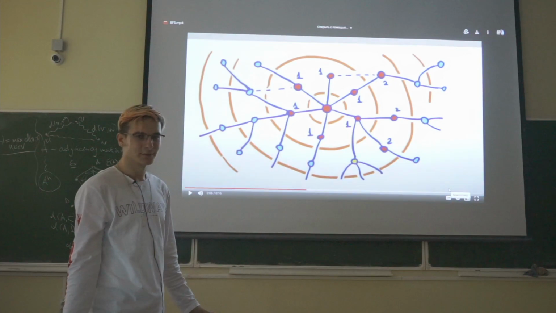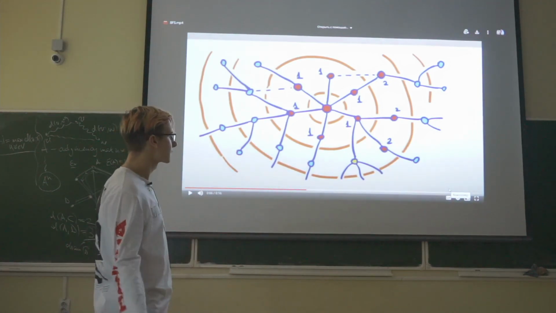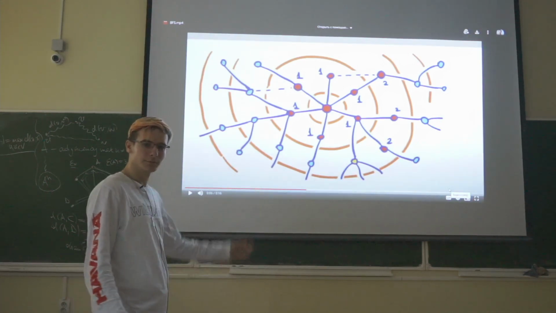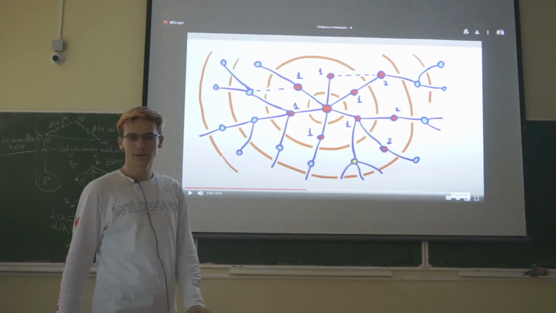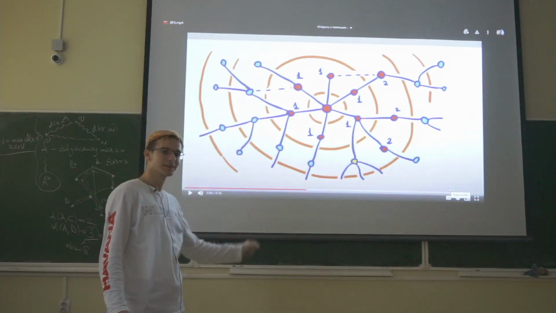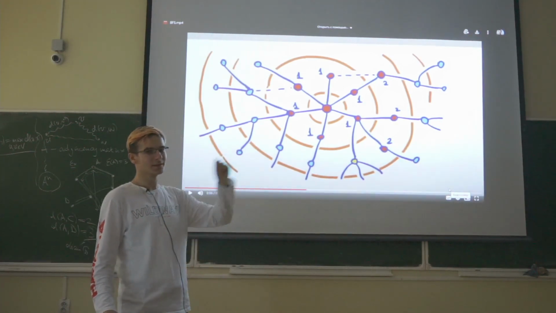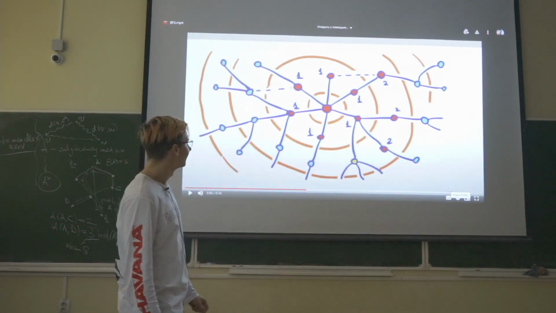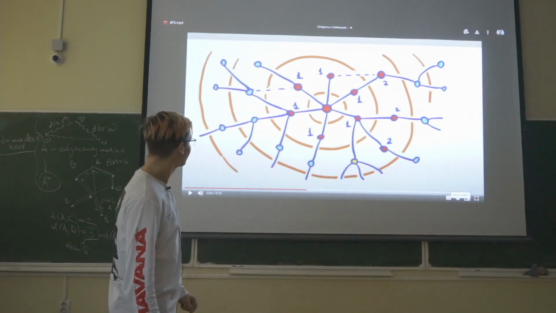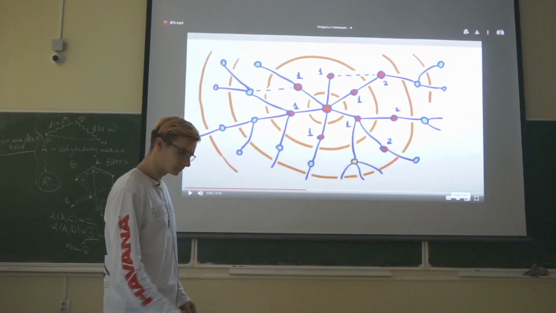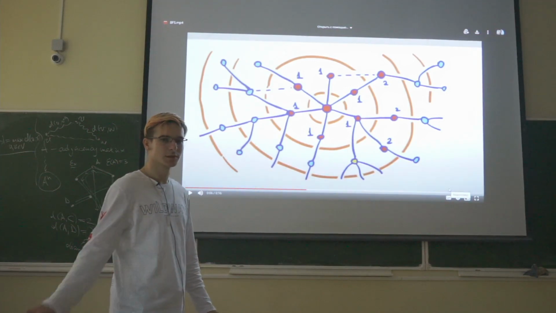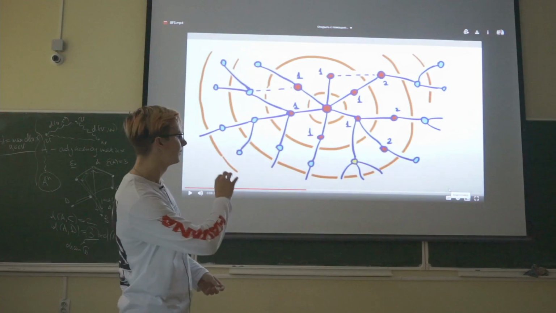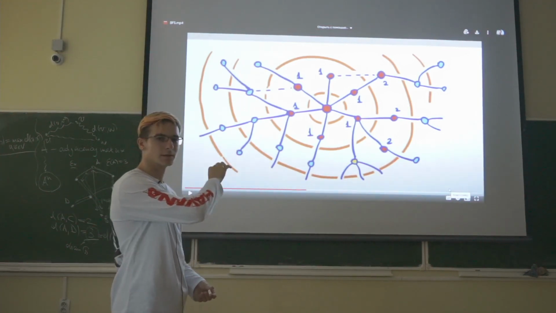So if there are vertices that aren't reachable from vertex S, they have infinity distance from the start, and they have infinity distance at the end of our algorithm, because we haven't been changing the elements in array D during our algorithm.